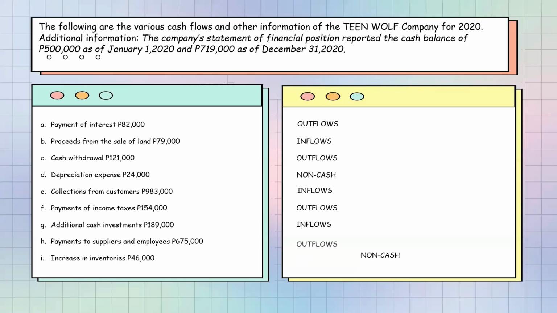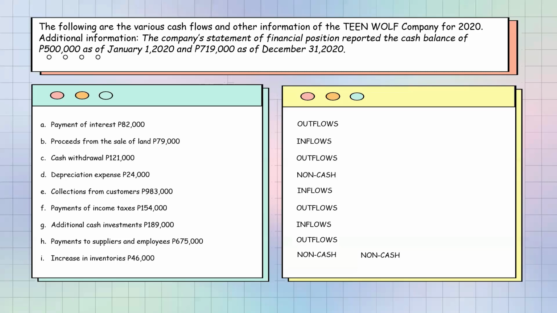Dahil nagbayad tayo, yan ay outflow, kasi nagbayad tayo sa ating supplier and then sa ating mga employees. And then last is yung increase in inventory na 46,000.